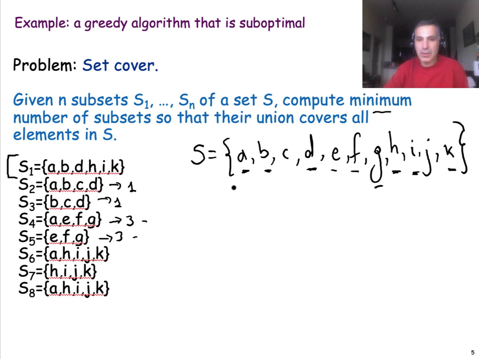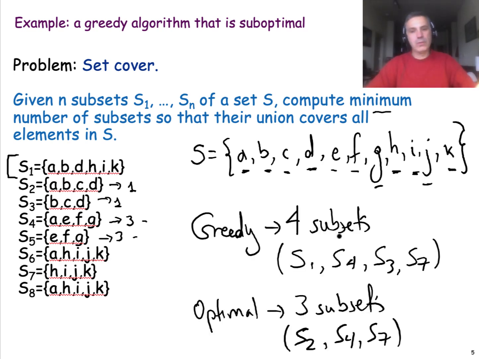The set S3 would give you C, and the element J you would need to pick either S7 or S8. So to summarize, we have seen here an example where even though the optimal solution would require only 3 subsets, the greedy approach would end up with 4 subsets.